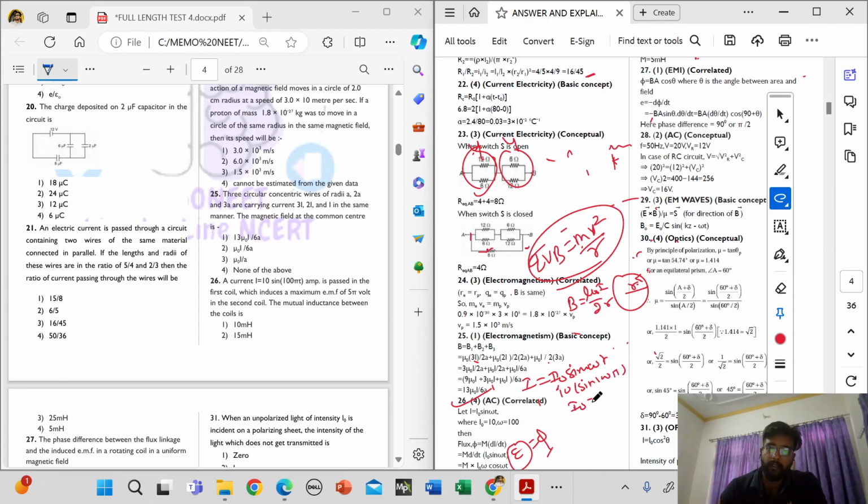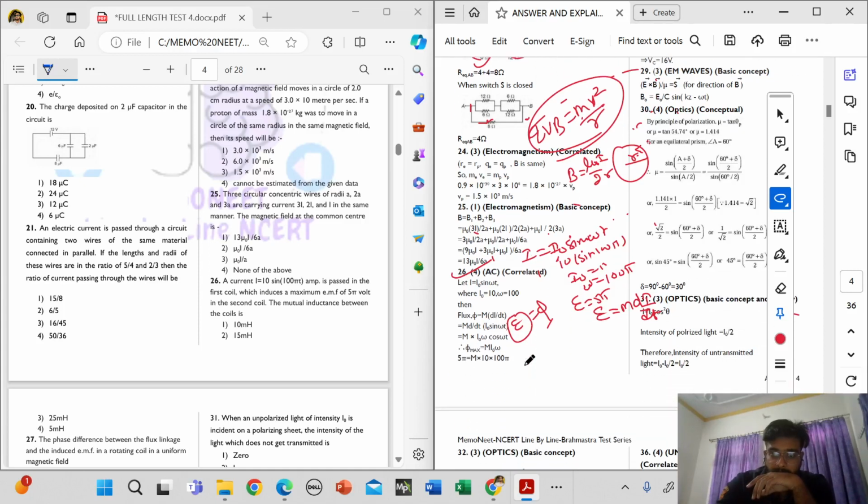So from here, I naught is equal to 10 and omega is equal to 100 pi. And the EMF is also given, that EMF is equal to 5 pi. We know that this EMF is equal to M di over dt. Sorry, it is mentioned wrong here.